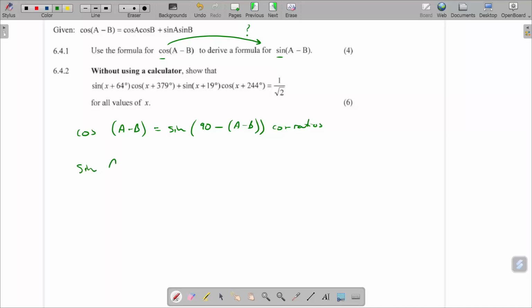So sine of a minus b is equal to cos, silly me, cos of 90 minus a minus b, equals cos of 90 minus a plus b, equals cos of 90, let's just write it down here as being 90 minus a, minus b.